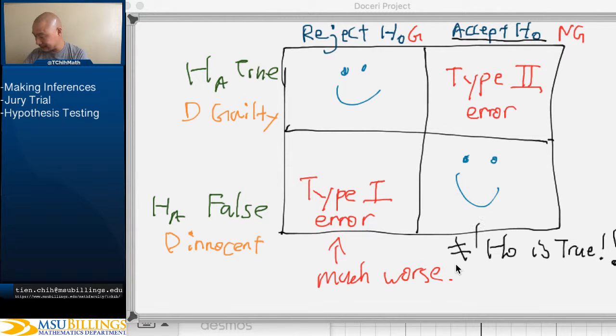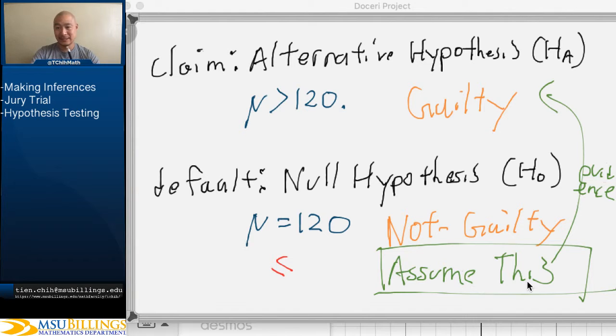This is a really important distinction to make, because all it means if we accept the null hypothesis is that the evidence presented wasn't strong enough to go from our null hypothesis to an alternative.